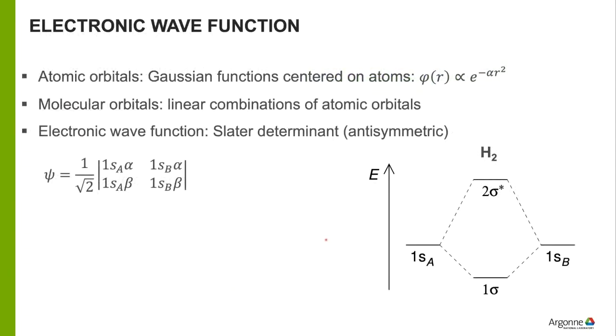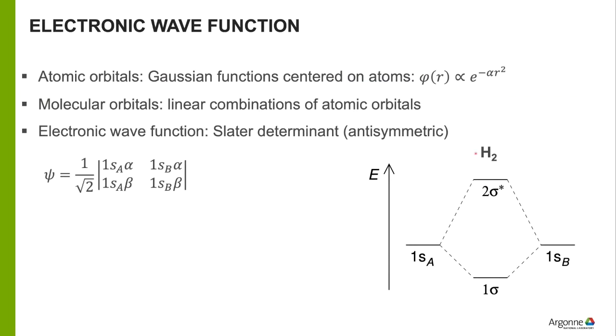So one of the most, not the only one, but one of the common methods to approach this problem is to represent the electronic wave function using atomic-centered Gaussian basis functions. Molecular orbitals are simply linear combinations of these atomic orbitals.